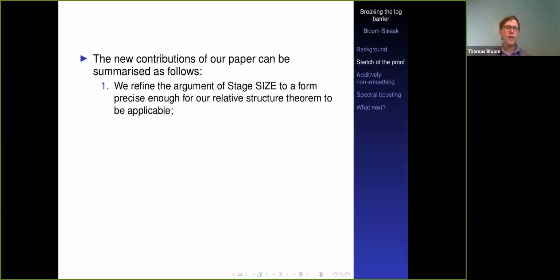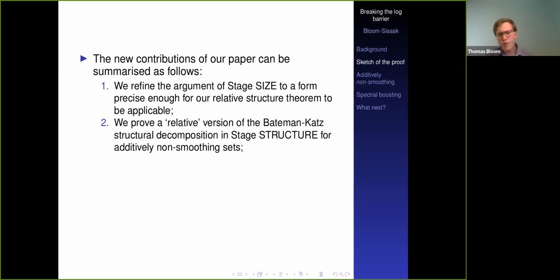So for example, we needed to know not just that there were many such characters, but also that there are many such characters that obeyed certain orthogonality properties with relation to spectra of Bohr sets, for example. And so we refined the first part of the argument into a more precise form that we need for our relative structural theorem.